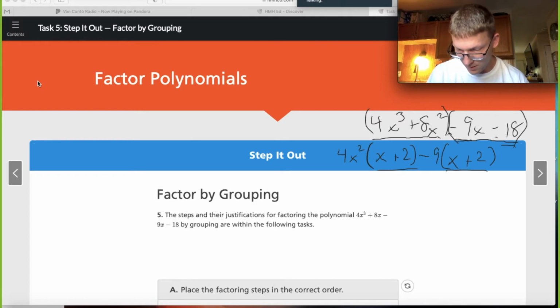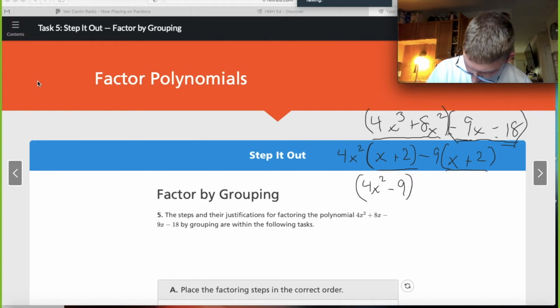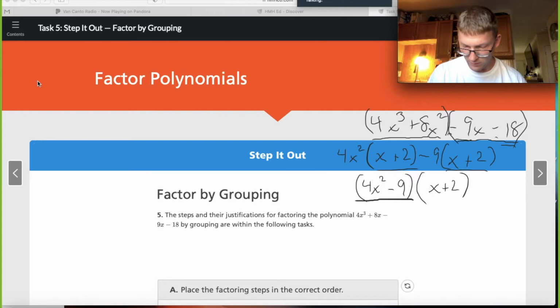Or I kind of think about it as you're factoring an x plus 2 out. So you're going to have 4x squared minus 9 times x plus 2. Hopefully right now some bells and whistles are going off about this guy right here.